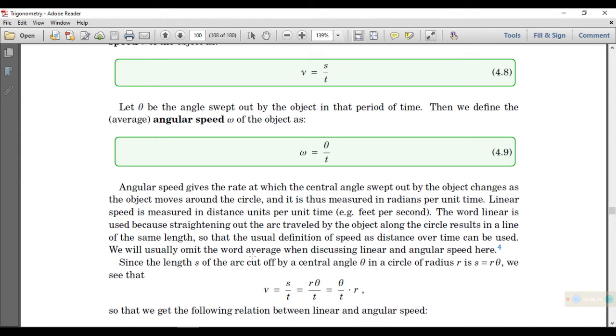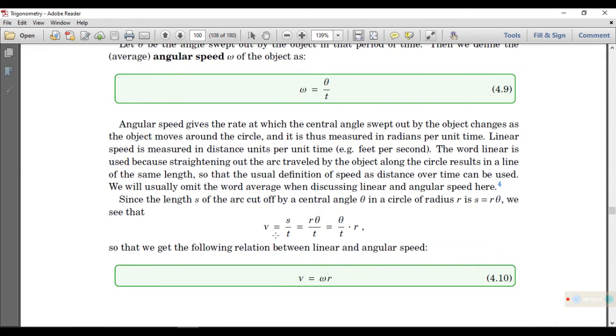So since the length s of the arc cut off by the central angle theta in a circle of radius r is s is equal to r times theta, so for the linear speed, v is equal to the distance s over the time elapsed t, and we know that the arc length s is equal to the radius times theta.